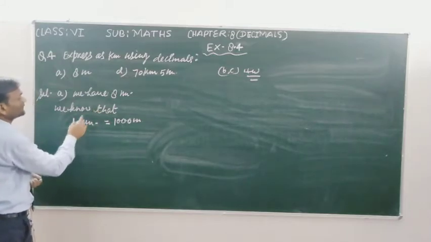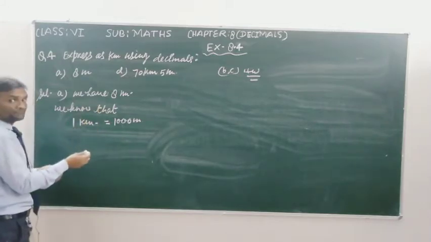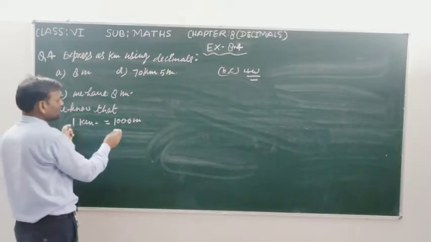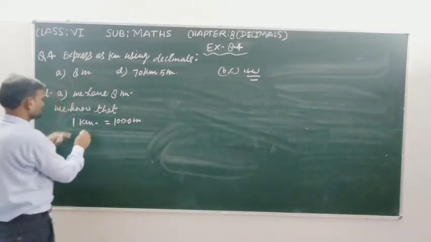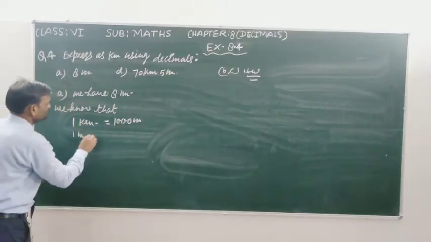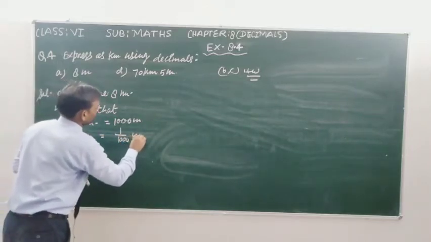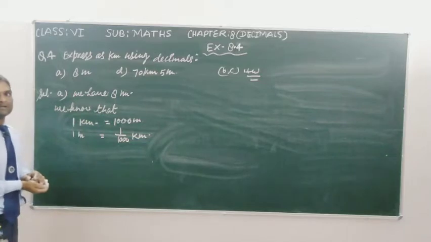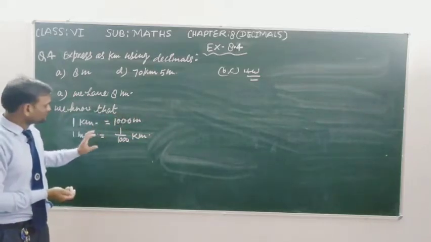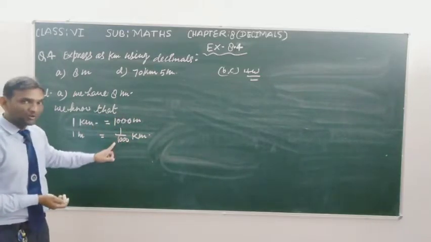So, if we write the opposite of this scale, then we can say 1 meter is equal to 1 upon 1000 kilometer. If we take the opposite scale, we write the opposite value also.